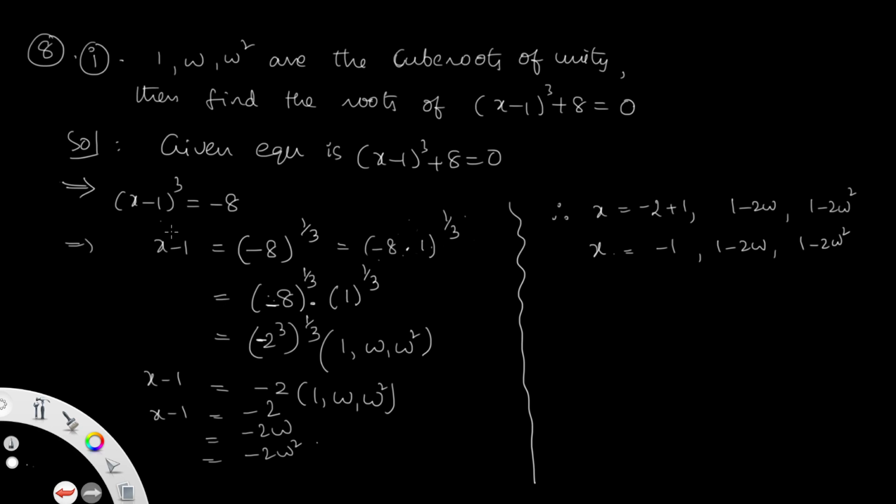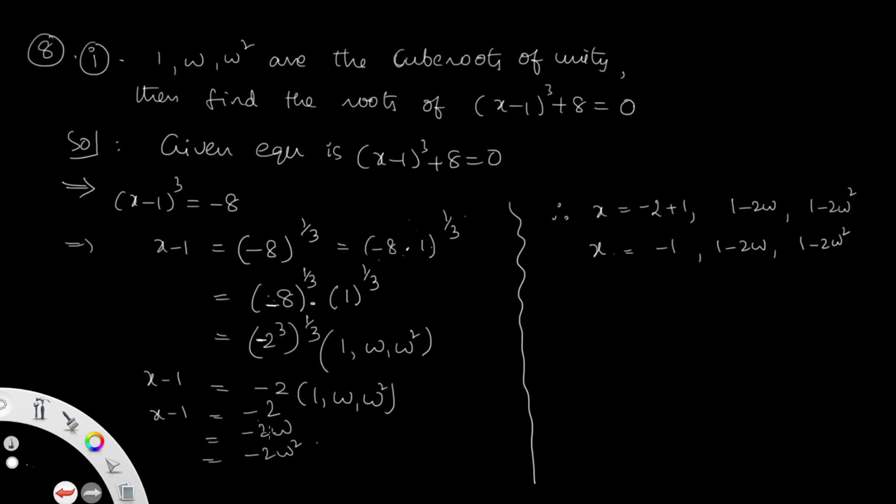So what we have done: x - 1 equals (-8)^(1/3), that is (-8 into 1)^(1/3), which is (-8)^(1/3) times 1^(1/3). That is ((-2)^3)^(1/3). The cube roots of 1 in the question are given as 1, omega, omega square. So the 3 cancels, and we get -2 into our roots 1, omega, omega square.